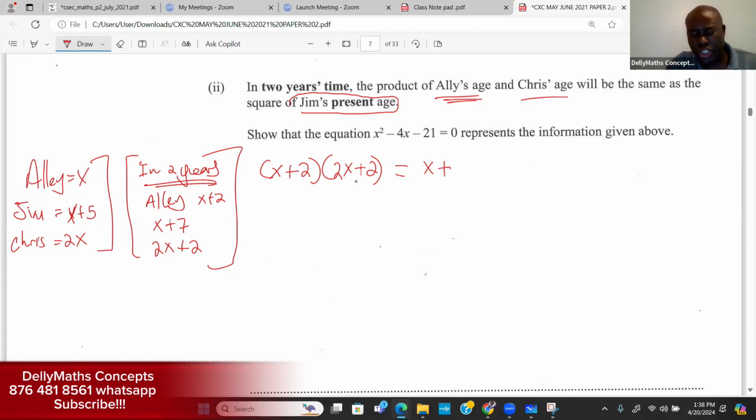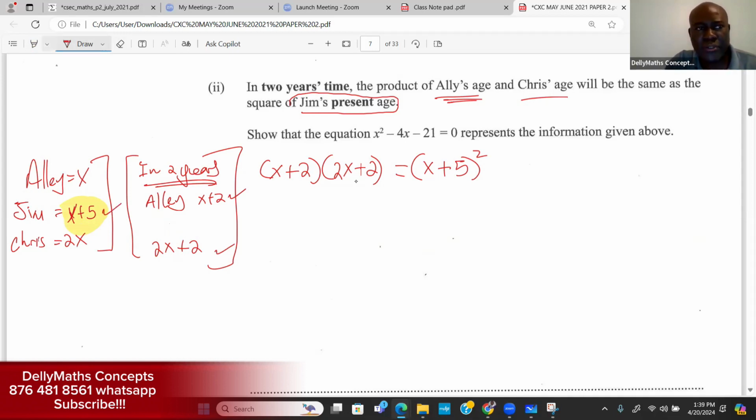So we're talking about Jim's present age, not Jim's age 2 years down the line. So we're using this for Jim because this is Jim 2 years down the line, right? So what they're saying is 2 years from now, the product of Ali and Chris is Jim's square. So that's what we're working with.